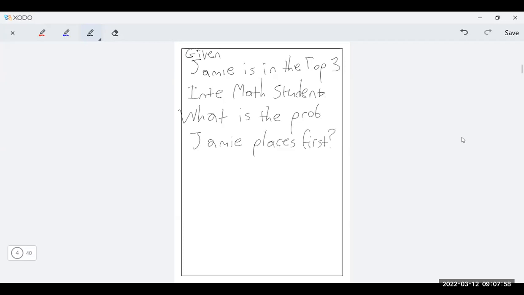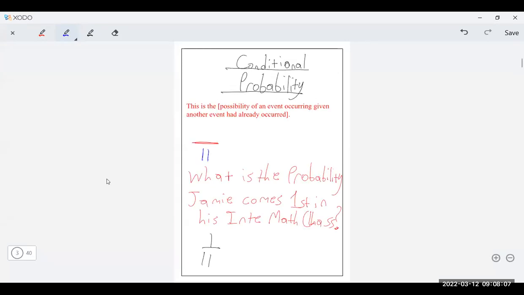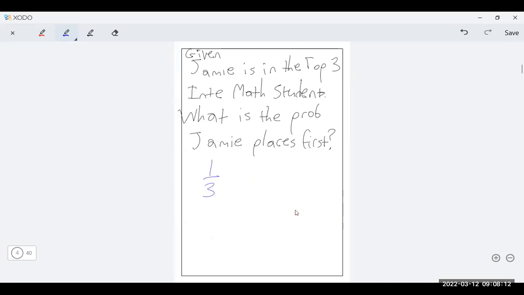What would that be? A third. Very good, 1/3. Notice we get 2 different answers. It's the same thing I asked, what's the probability Jamie comes first, but I throw in a condition here. You realize that condition I throw in changes your whole answer.